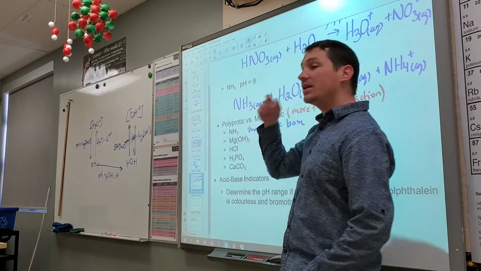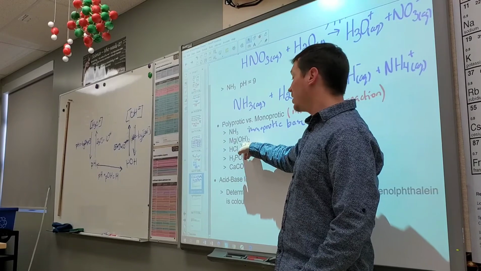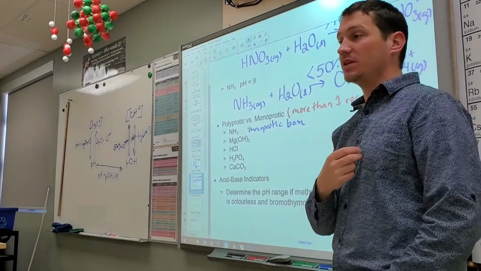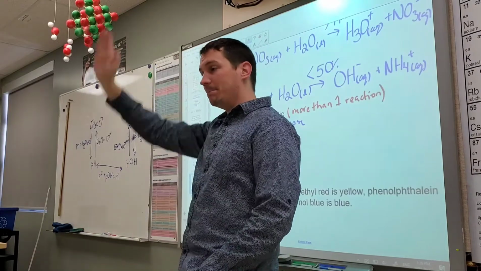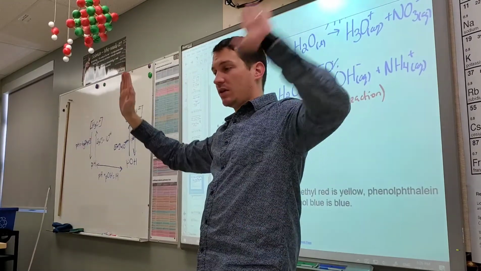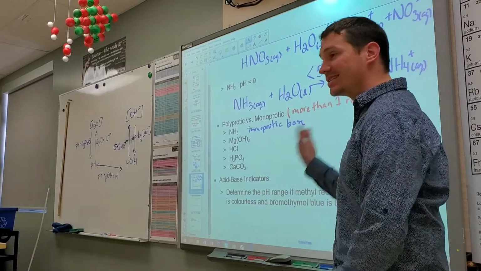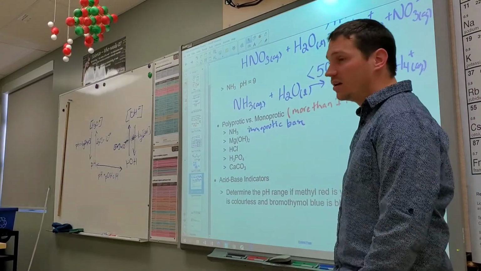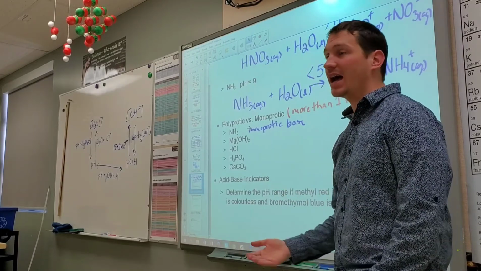Okay, magnesium hydroxide. As soon as magnesium hydroxide gets put into water, what does it turn into? Magnesium ions and hydroxide ions. So hydroxide, can hydroxide react in successive reactions? Yeah. Like it turns into water, right, when it reacts.